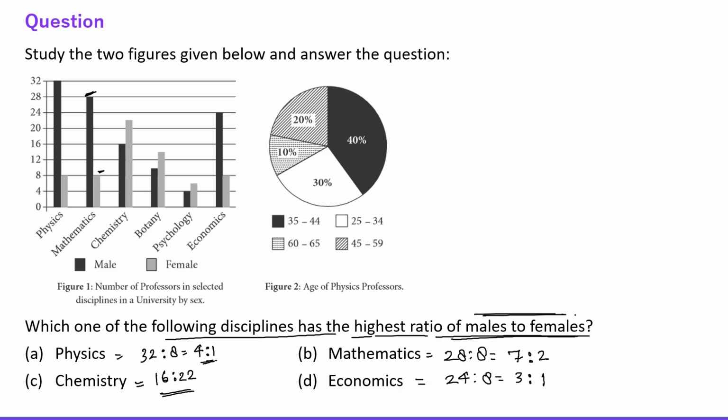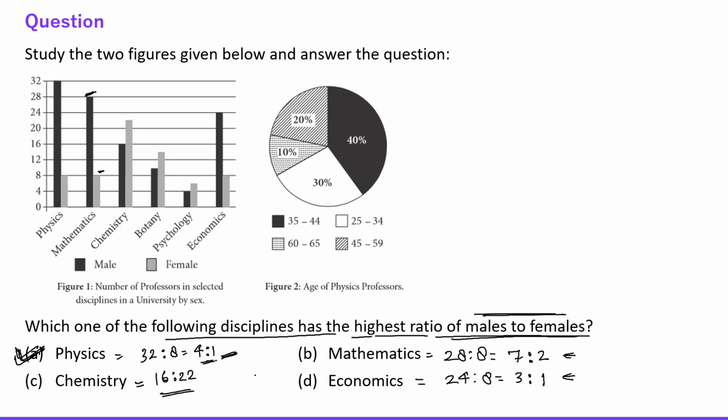So obviously per female how many males are there, that we need to find. Okay. So in physics we have 4:1, and mathematics 7:2, economics 3:1. Then obviously in physics we have the highest ratio of males to female, right? Okay, fine.